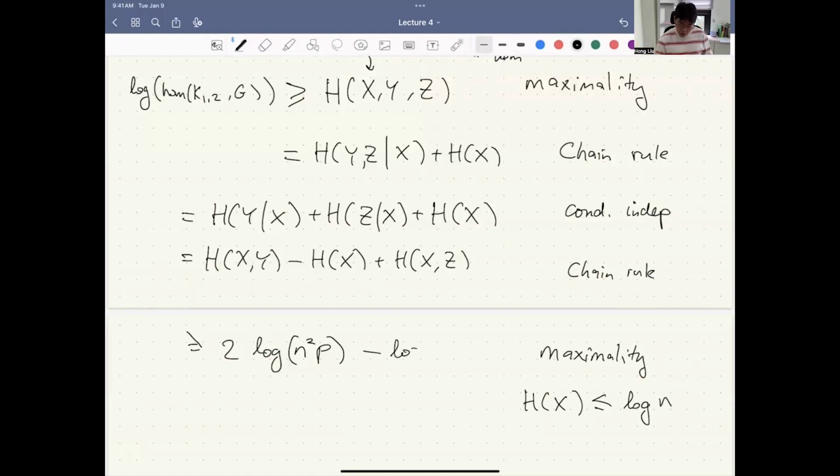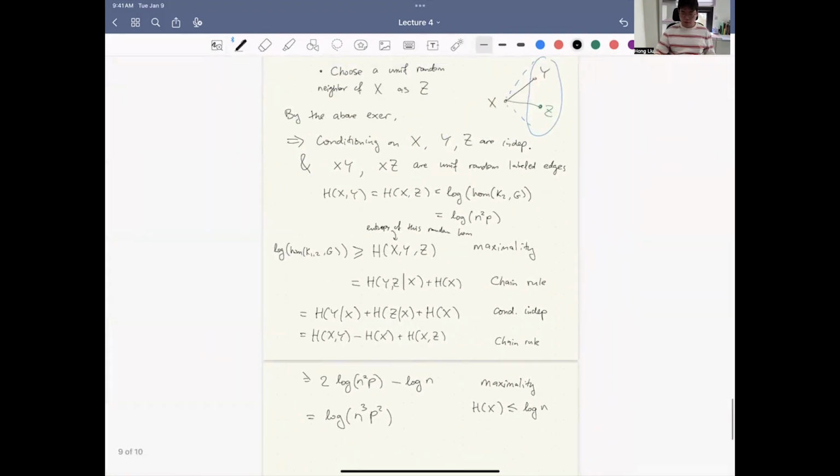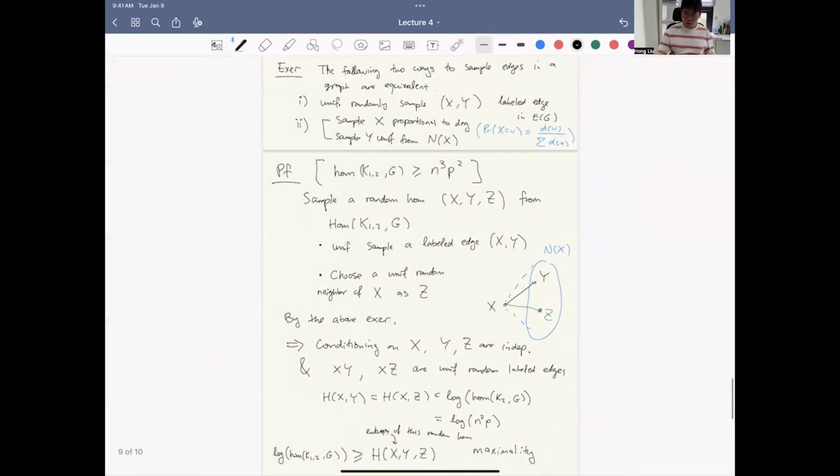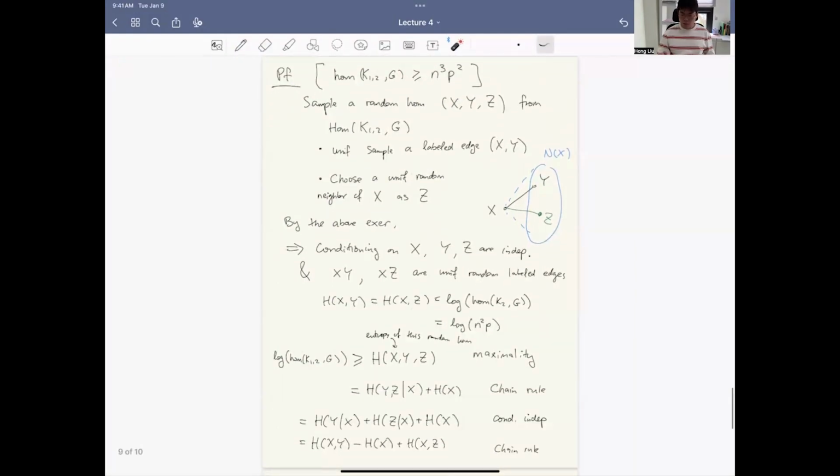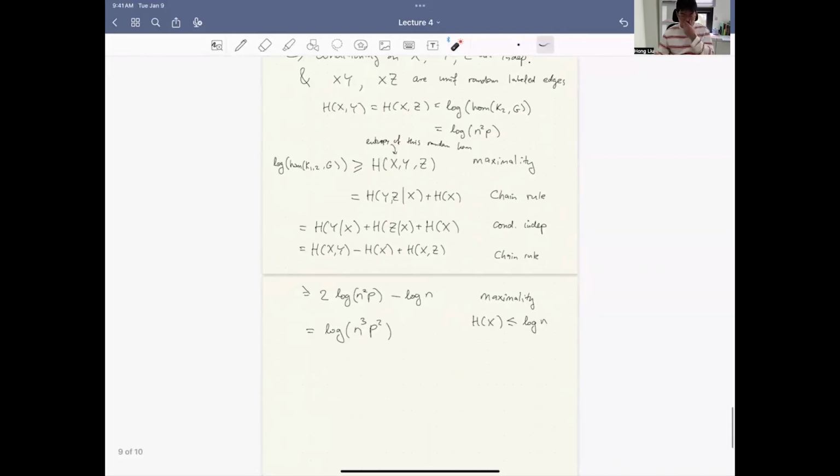So minus log n. This equals log of n cubed p squared. That's exactly what we want to prove.